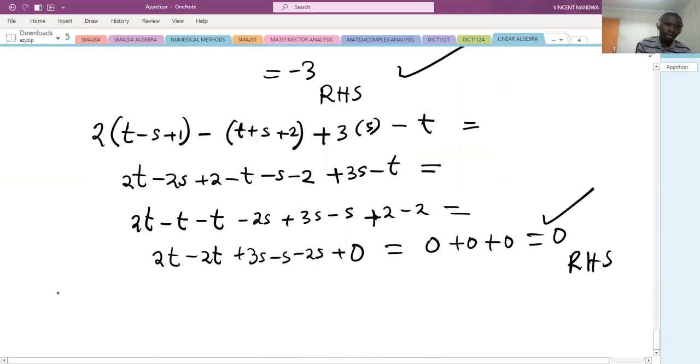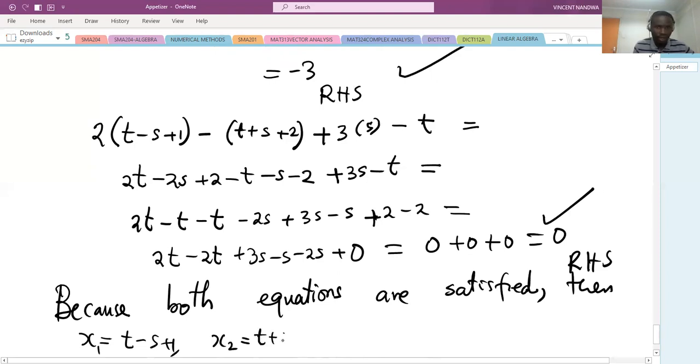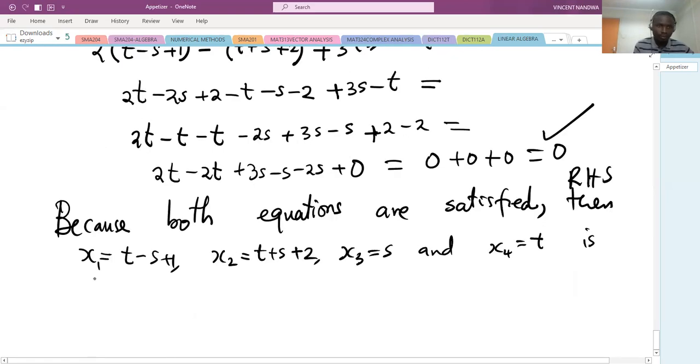So then we just say, because both equations are satisfied, then x1 equals t minus s plus 1, x2 equals t plus s plus 2, x3 equals s and x4 equals t is a solution set for the given system.